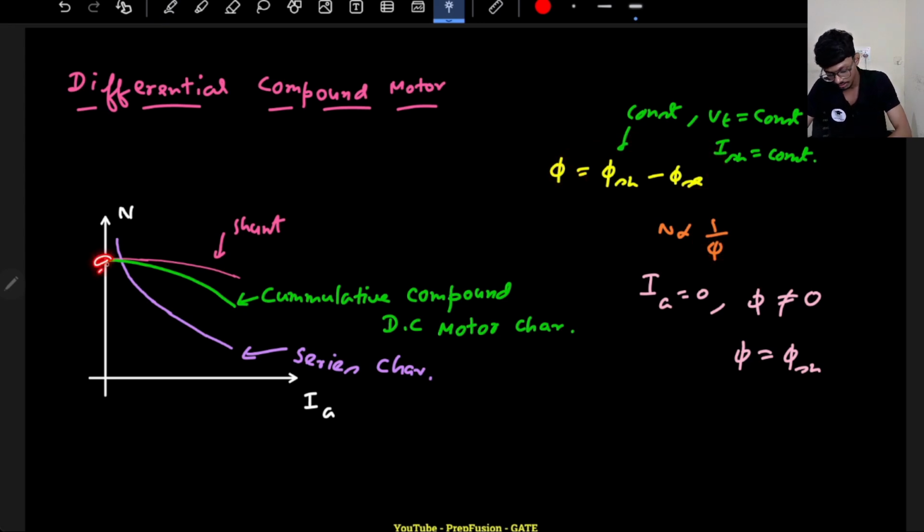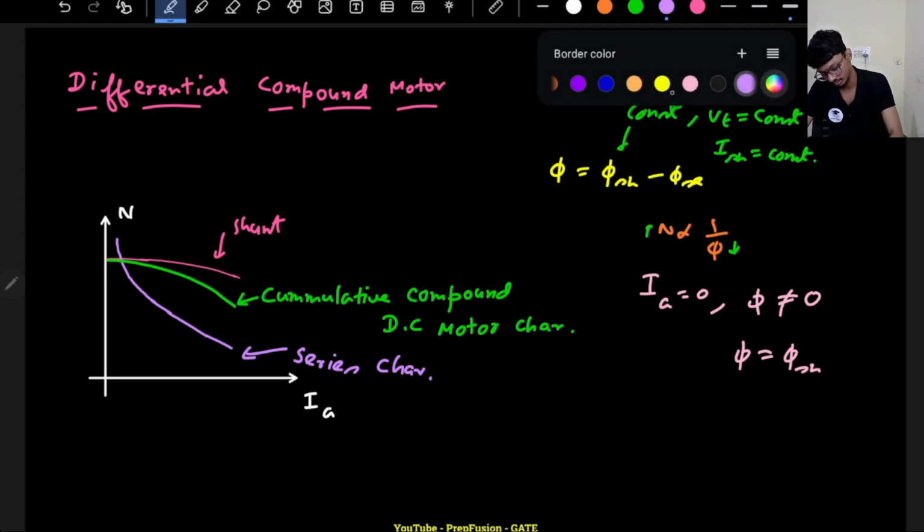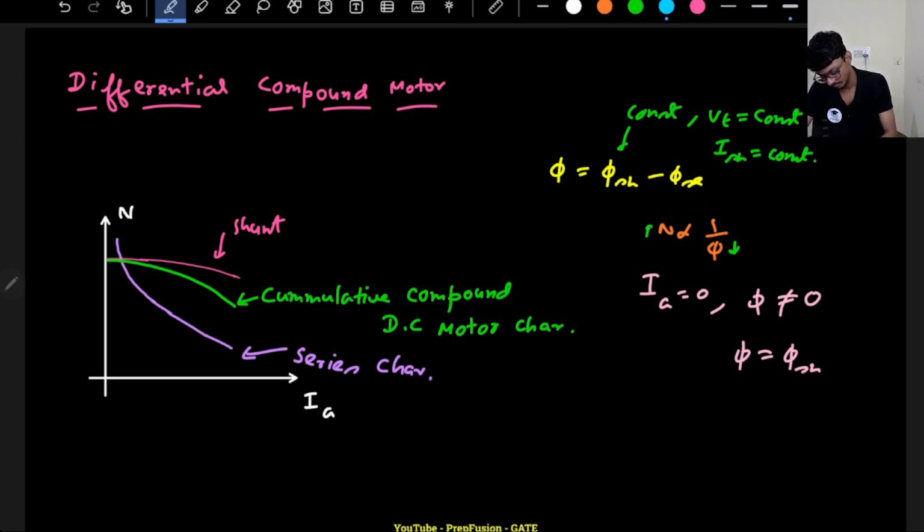At no load, it will be the same as the series one because phi ac will be 0, but as the load increases, phi series will increase, hence the flux will reduce. So the speed will increase, and the curve will be somewhat like this. This will be the differential compounded. Of course, there will be saturation. After that the flux will not increase further because it is negative here.